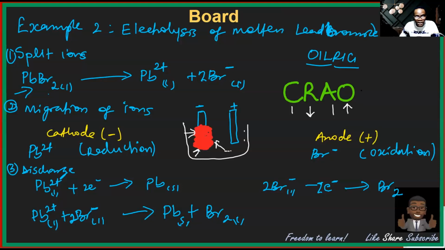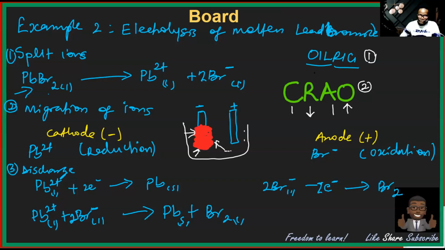But this second one helps you know where oxidation and reduction will take place. This one tells you cathode. At the cathode, what do you have? Reduction. At the anode? Oxidation. You can see they are doing two different things.